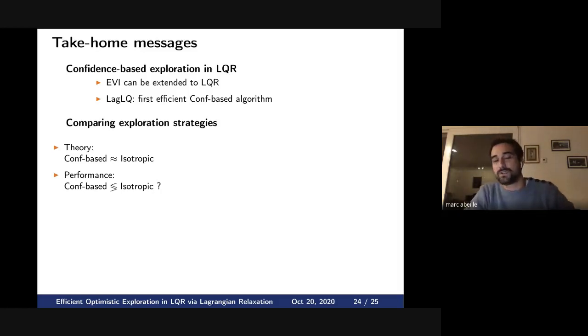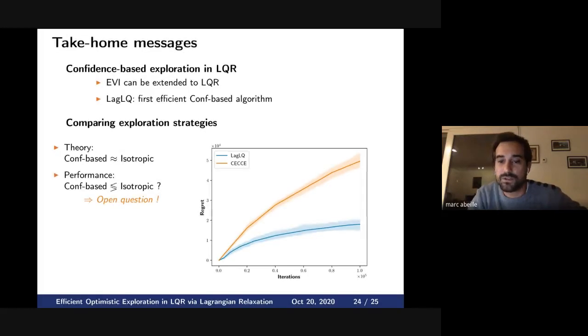So we conducted some preliminary experiments really quickly and compared LagLQ to CECCE, the epsilon greedy algorithm of Simchowitz and Foster, on a very synthetic example. What we see here is that both have a square root of T regret, as expected from theory, but they have a different constant that is problem dependent. This suggests that optimistic exploration may be superior in practice.